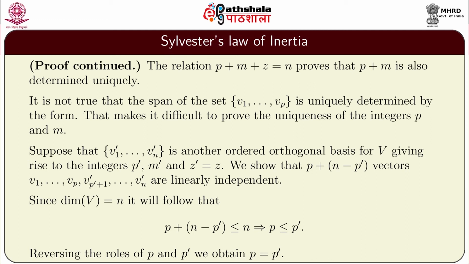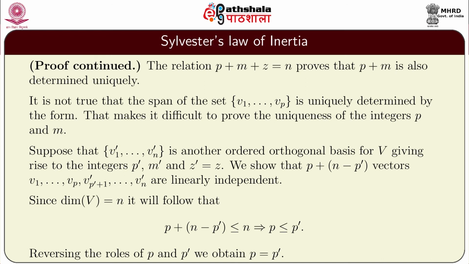And since it is not true that the span of these set of vectors V1 and so on up to Vp is uniquely determined by the form, we therefore cannot immediately conclude that the integer p does not depend on the choice of the basis. That makes it difficult to prove the uniqueness of the integers p and m. Let us see how to go about it.